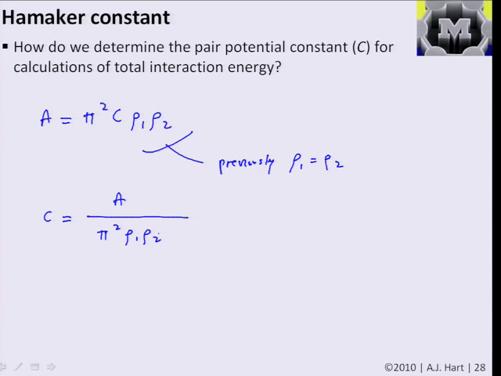But approximately, we can say that for most materials, the value of A, and because we're talking about energy, it's going to have units of energy, is about 10 to the minus 19 joules for two typical materials interacting in vacuum. So this is a good number to have in your head, although it will vary depending on the material we're looking at.